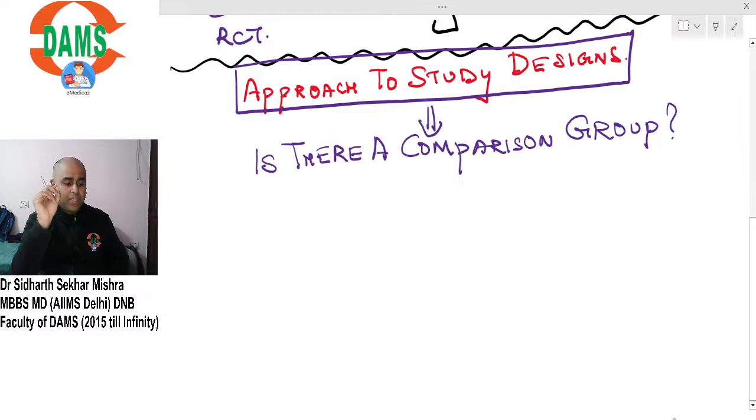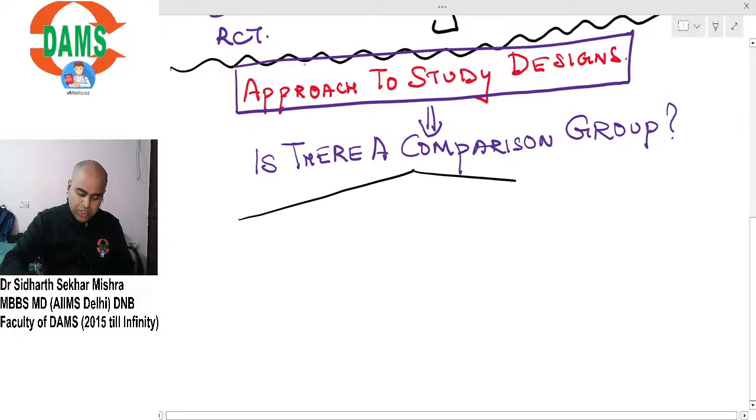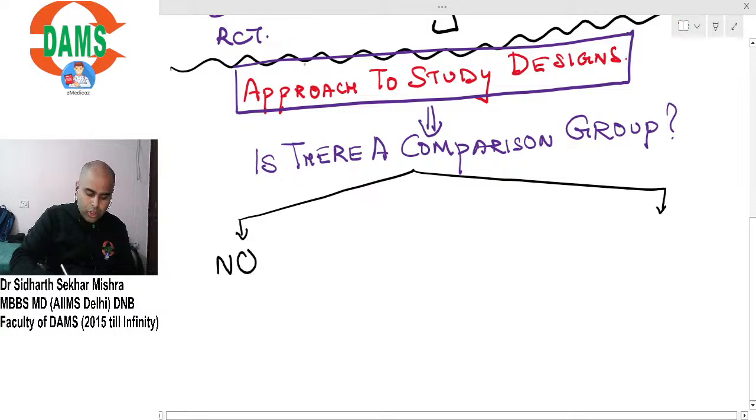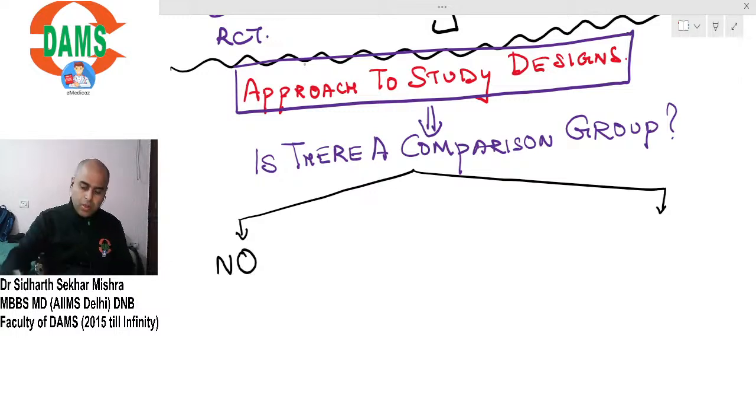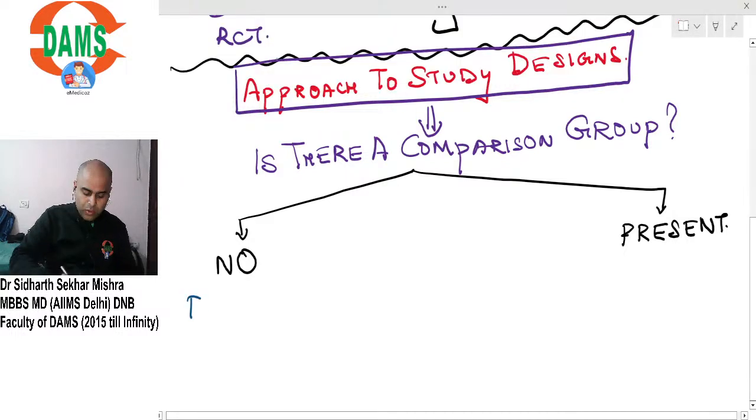So once you ask the very first question, suppose you find out there is no comparison group, or there is a comparison group which is present. If there is no comparison group, then we have to think about descriptive studies only.